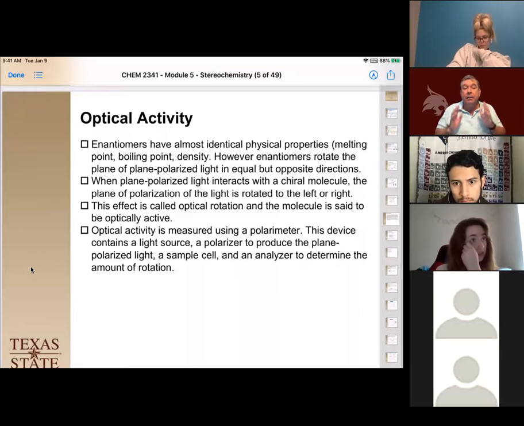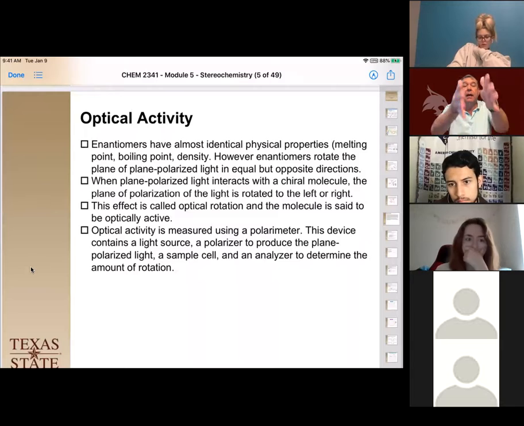Now, if we have this plane polarized light and we have a solution with a chiral molecule in it, that chiral molecule will interact with these planes of light and will slowly start rotating them, all of the light in one direction or the other. And so this rotation of light as it goes through the sample is what we call optical rotation, okay? And if a molecule does this, it's called optically active, okay?